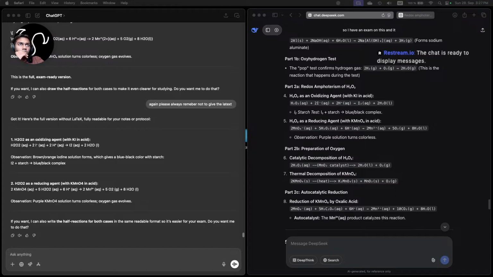So zinc plus 2 HCl gives zinc chloride plus H2 gas.